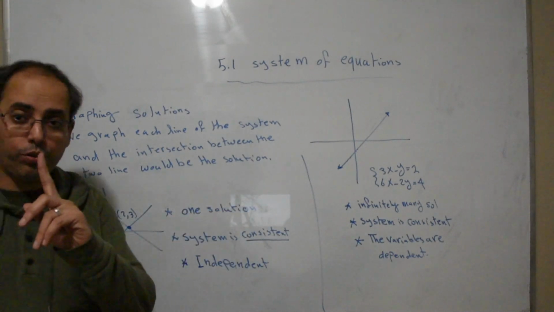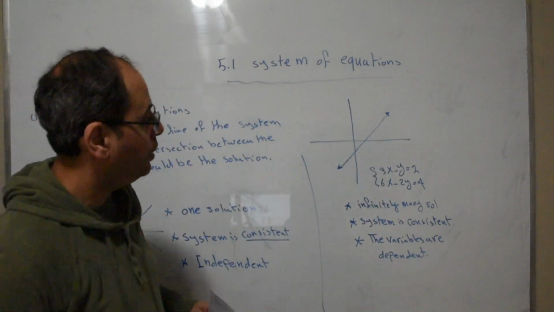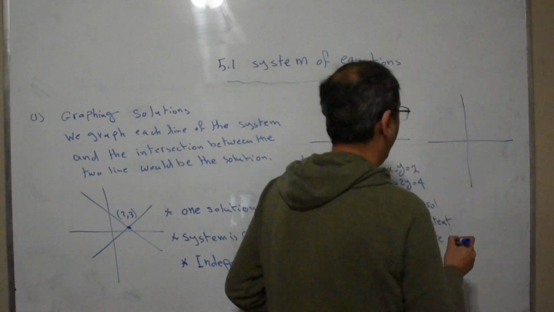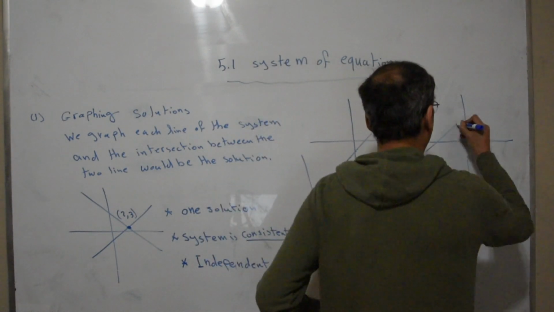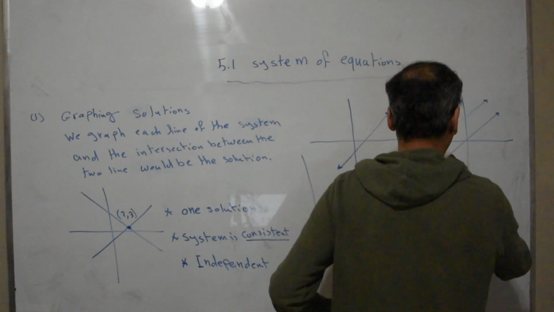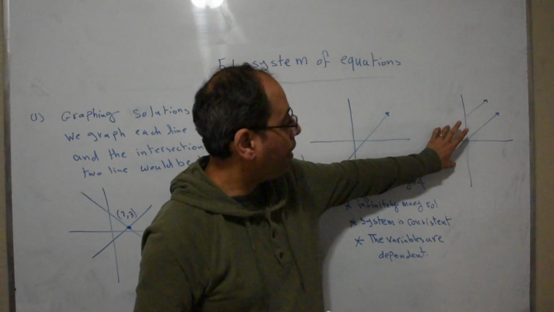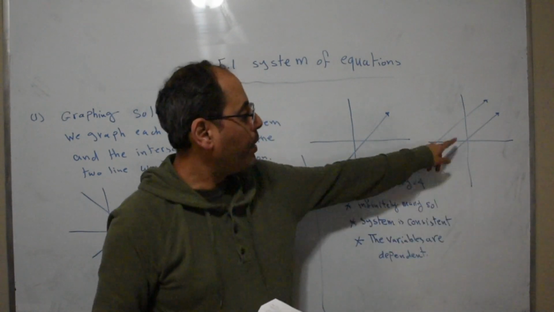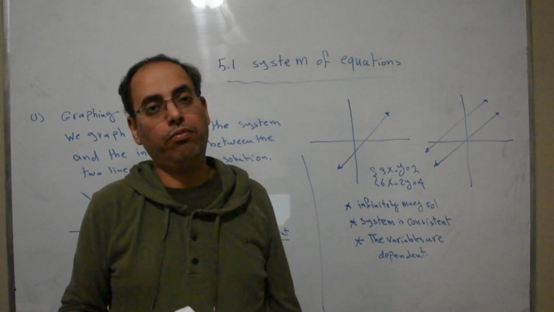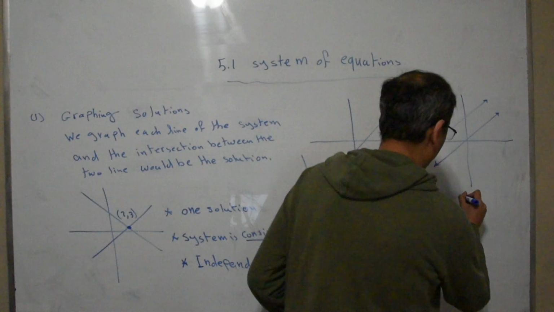Okay, so now I have two cases so far. One, I have one solution. The other one, I have infinitely many solutions. Maybe I have another case here. What if one line is like that, and the other line goes this way? The two lines are parallel. At how many points do they intersect? They never intersect. Therefore, I have no solution.